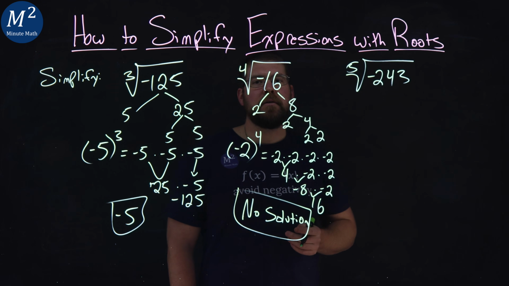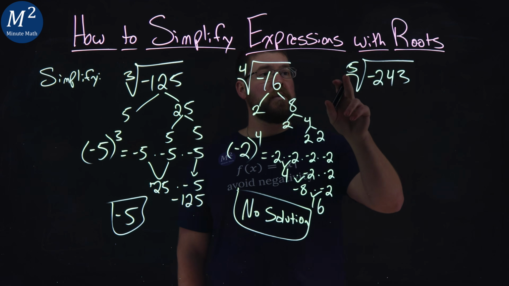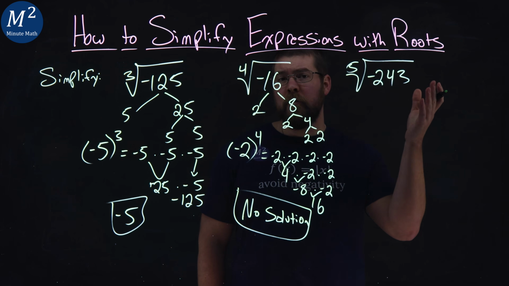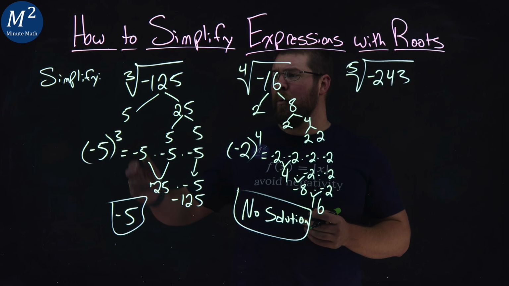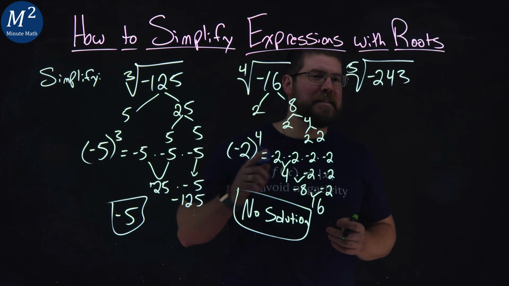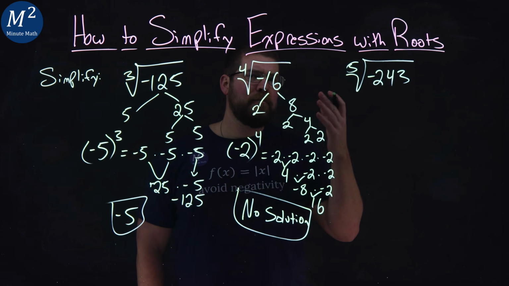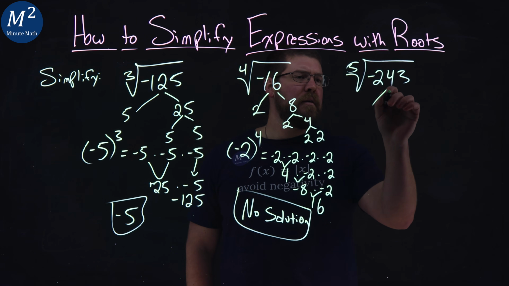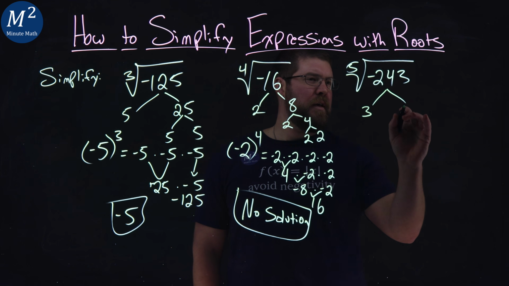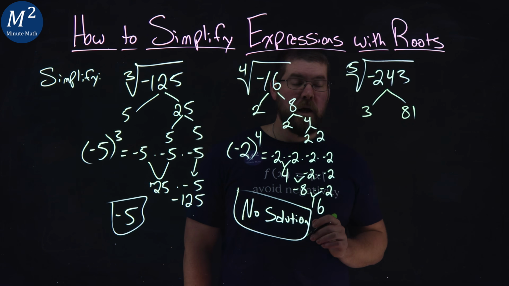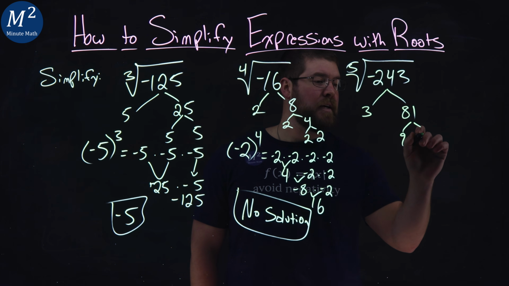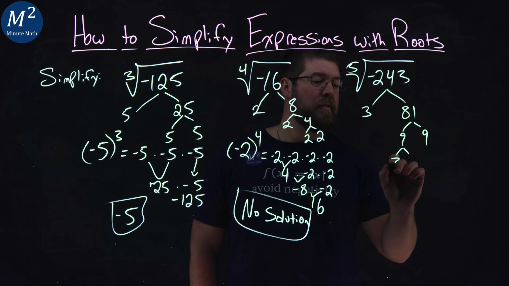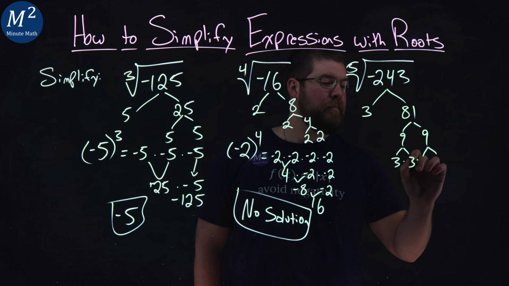Now this one, being difficult, we can do it, it's an odd root. We can take the odd root of a negative number, and I won't necessarily go through why that works again. It's to the fifth power, so let's go see what number this is. Well, 243, 3 goes into that, and that's 81 times. From there, 81 is a 9 times a 9, and 9 times 9 is a 3 times a 3.